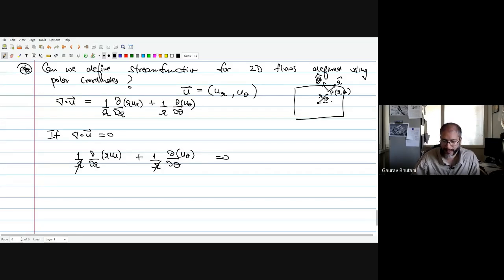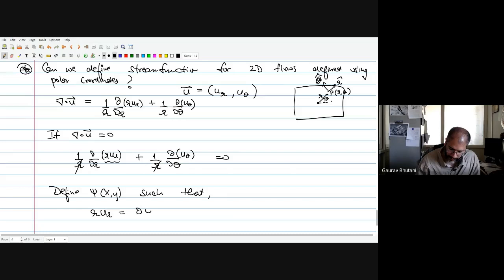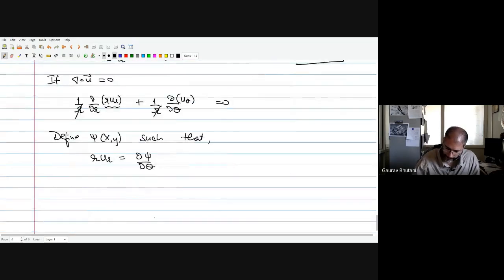Now remember, I have to define psi in such a way that this equation is satisfied. And you can see it's very similar, except that instead of having u r, you have r u r here. What I can do is define my psi in such a way that r times u r is del psi by del theta, and u theta is minus del psi by del r.